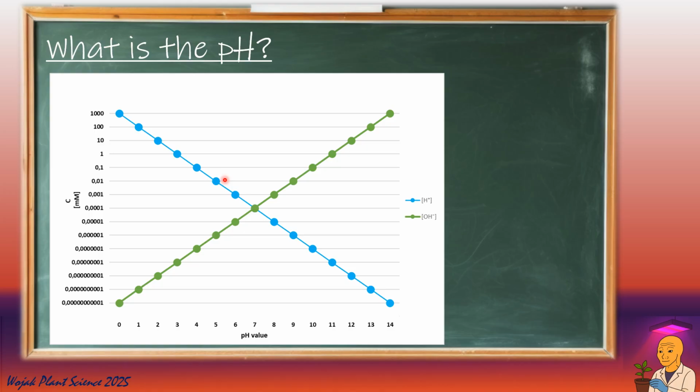So if we have a pH of 5, then we have a molar concentration of H plus at 0.01, and we have 0.12345 of OH minus.